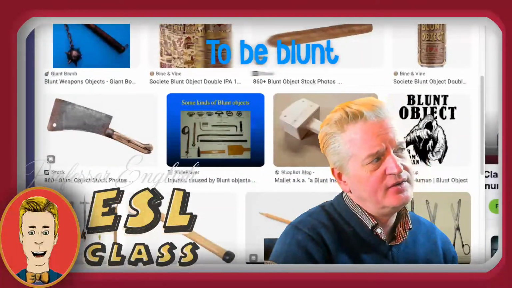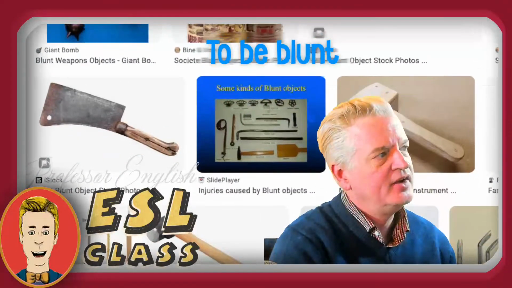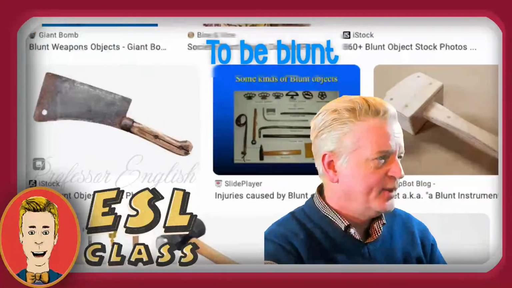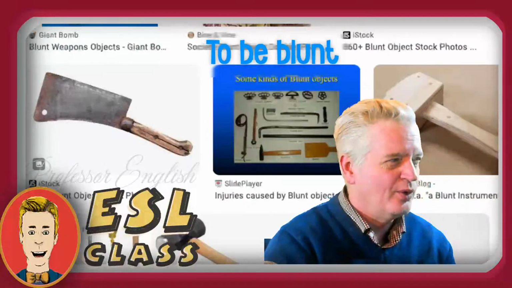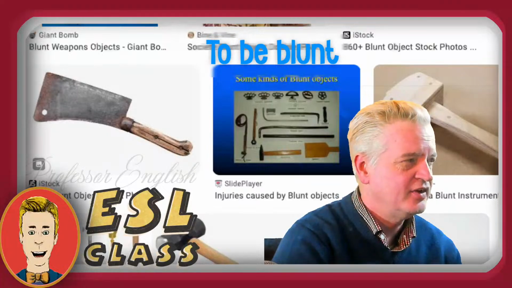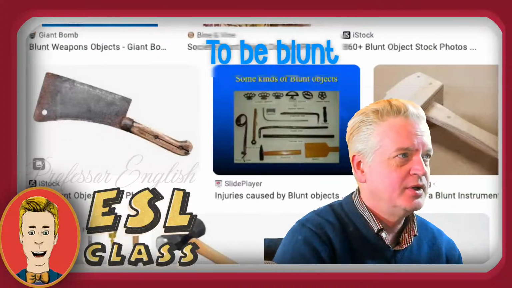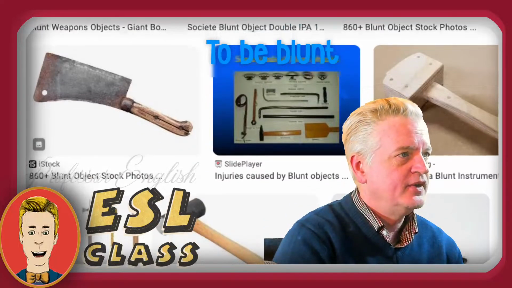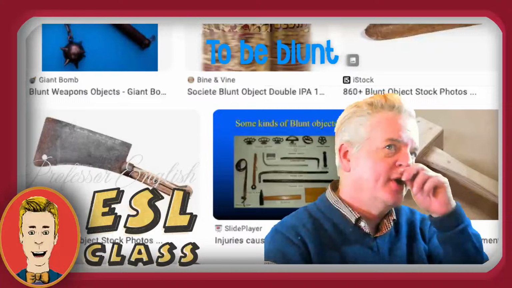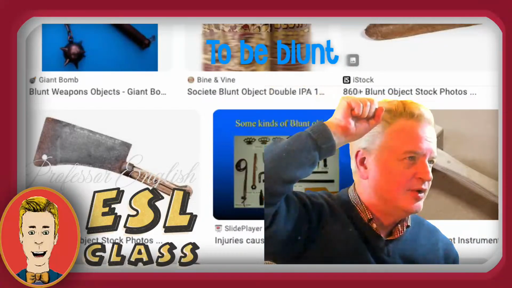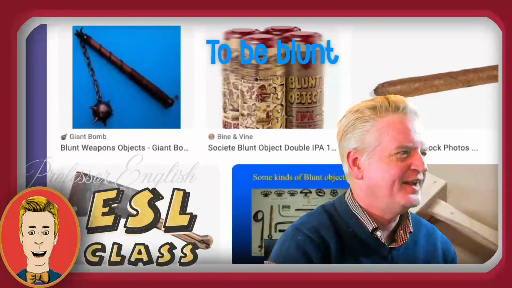They're calling this a cleaver, giant knife. They're probably calling it blunt because it's supposed to be sharp, but if you look at it, it looks very old. Probably would not be very effective because it has become blunt. It was sharp before, now it's blunt. This is blunt. And if you think about it, if somebody hits you with something like this, you would feel a lot of pain.